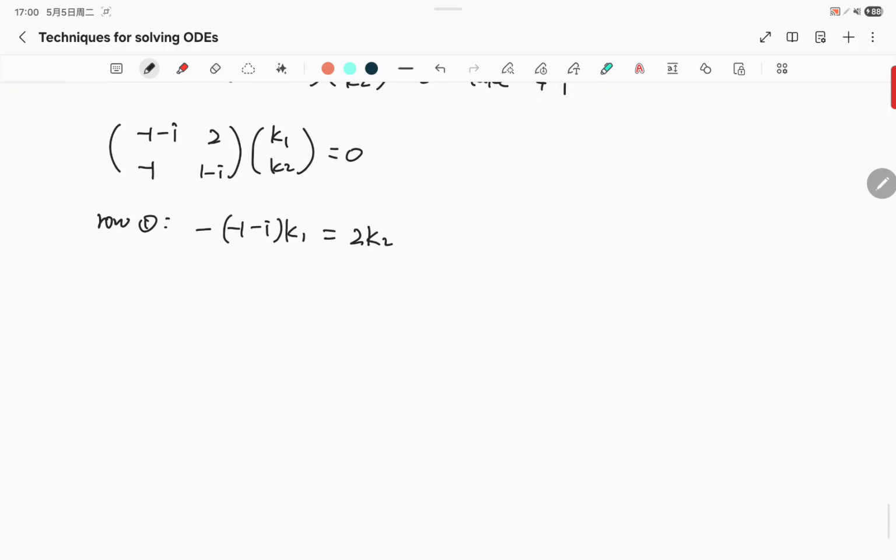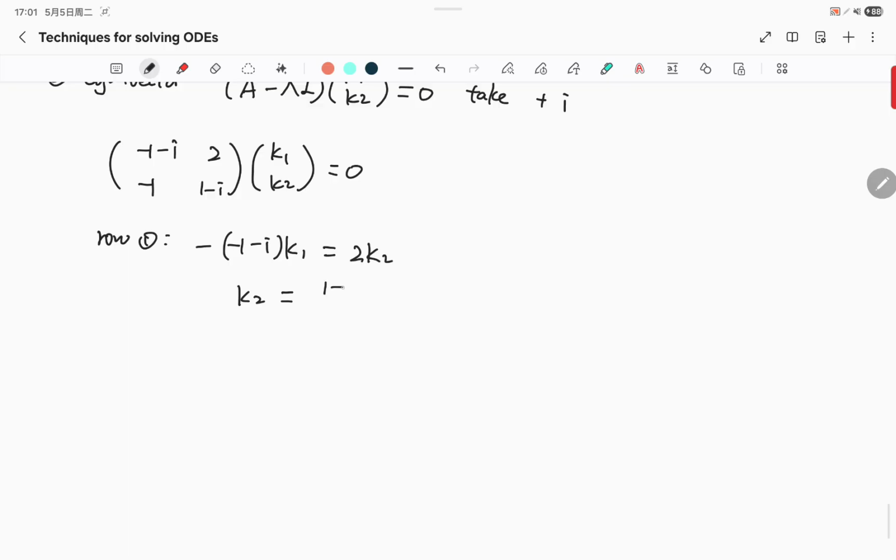And then my k2 is equal to, and by the way, this can be distributed in, so I have (1 plus i) over 2 times k1.